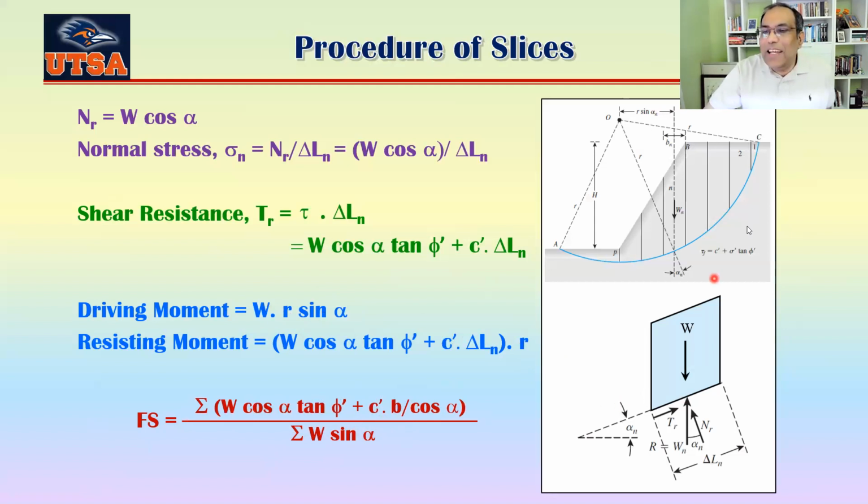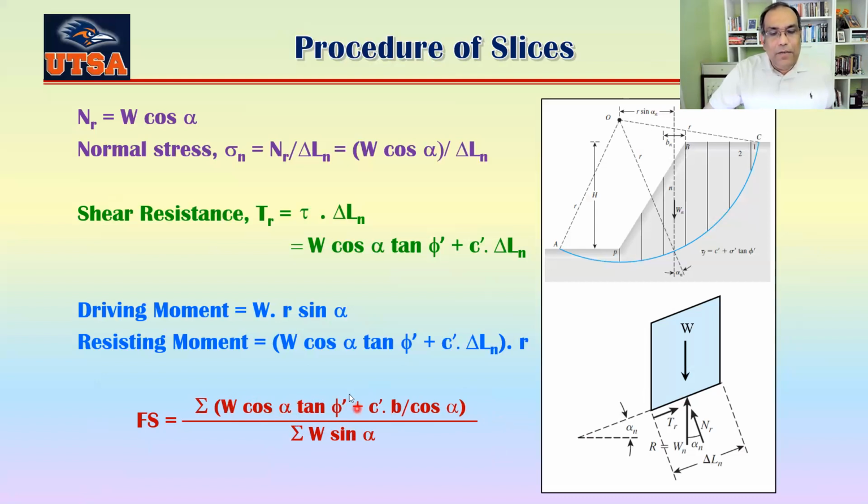So you have, let's say, 1, 2, 3, 4, 5, 6, 7, 8 slices. You just add all of them together. Basically what we do in Excel, for each slice, we calculate this thing, because for each slice your alpha is going to change, and your weight is going to change.